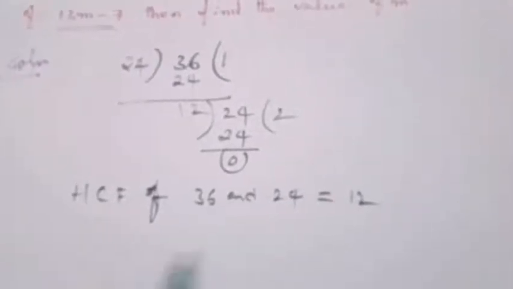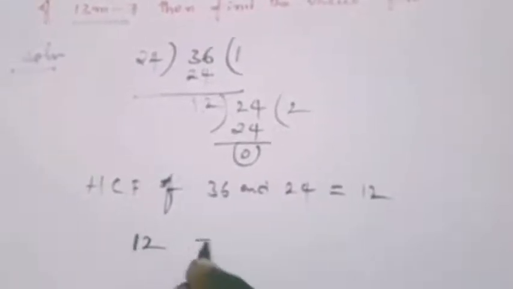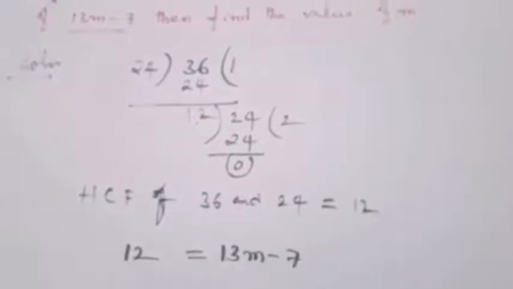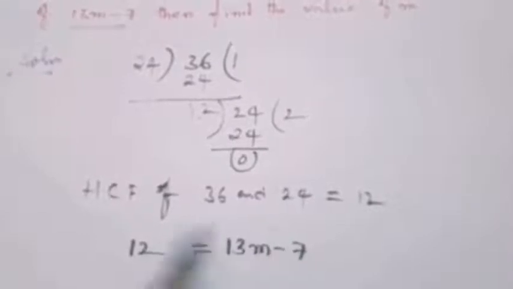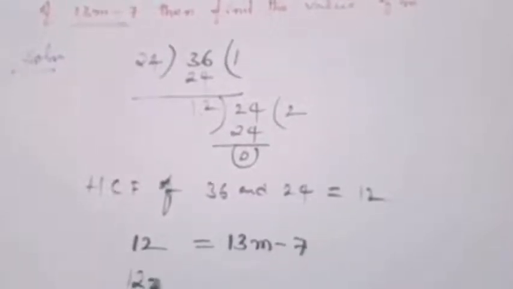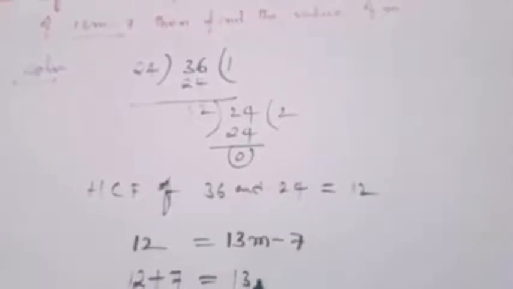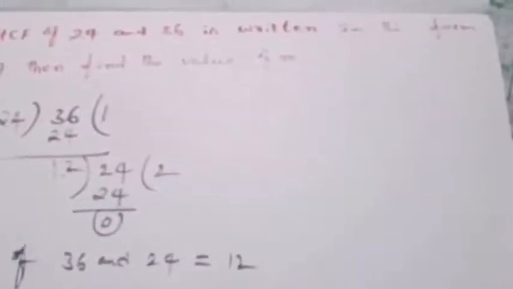Children, now this 12 equals 13m minus 7. So now transferring this, 12 plus 7 equals 13m.